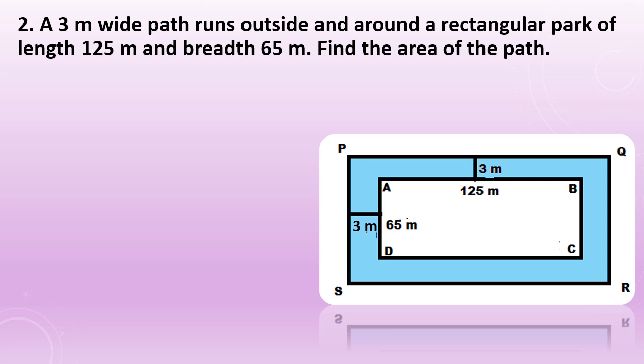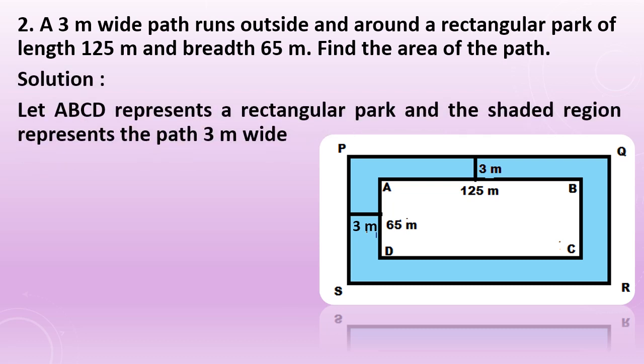The rectangular park is ABCD, and we have to find the area of the path, that is, the area of the shaded region. To find the area of the shaded region, we can subtract the area of rectangle ABCD from the area of rectangle PQRS. Let's solve the question.